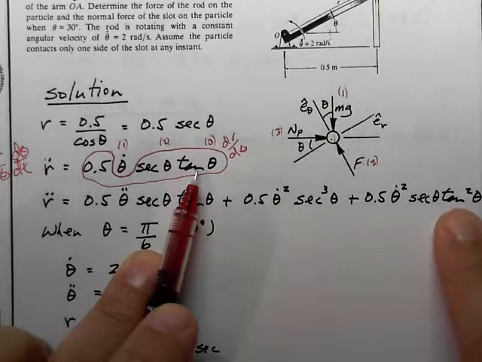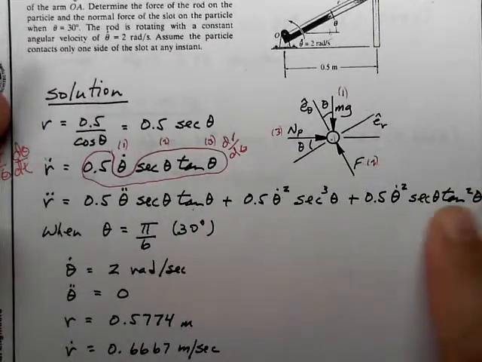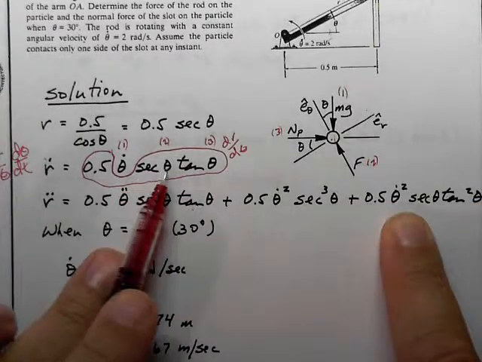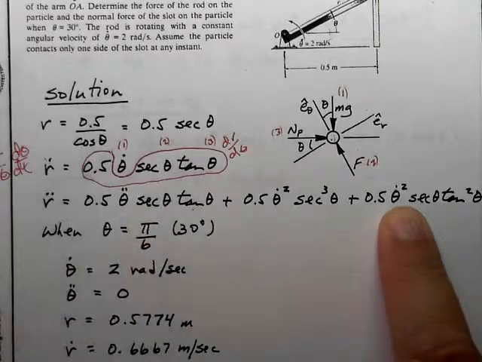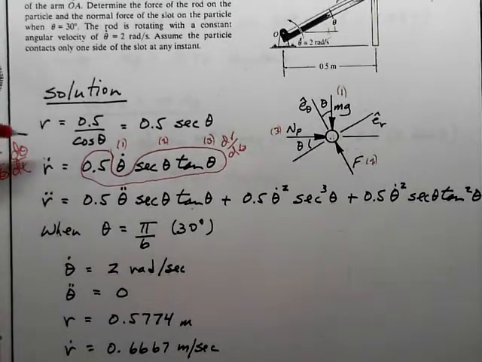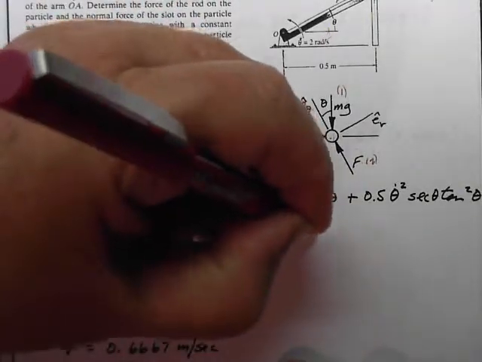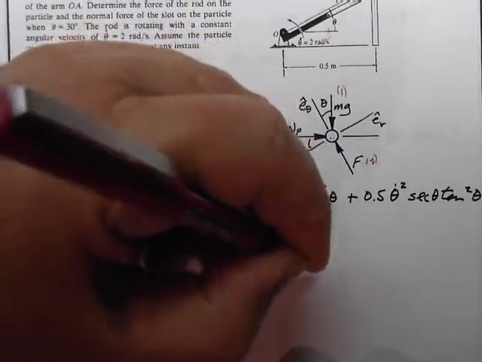We're going to have a secant tangent squared out of this still, and then after taking the derivative of the secant, we're going to get an extra theta dot out of that, so we're going to have a theta dot squared. Okay? Practice that.